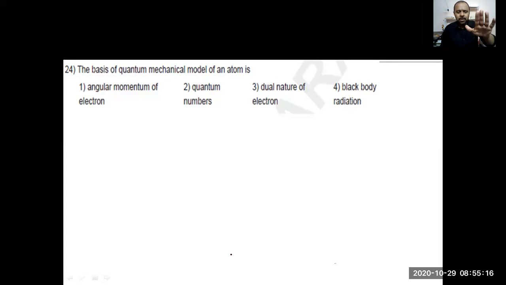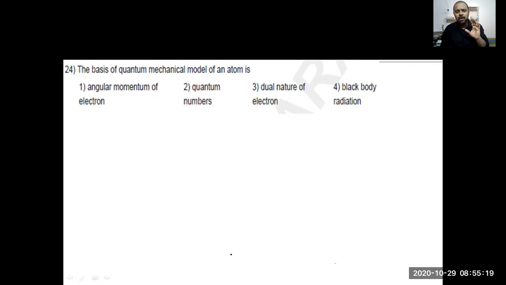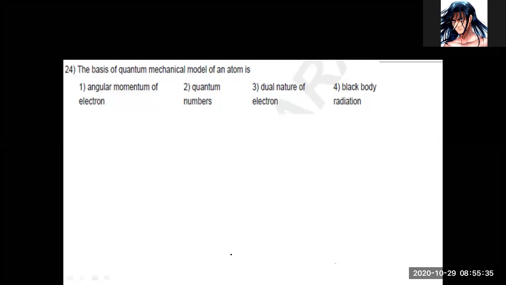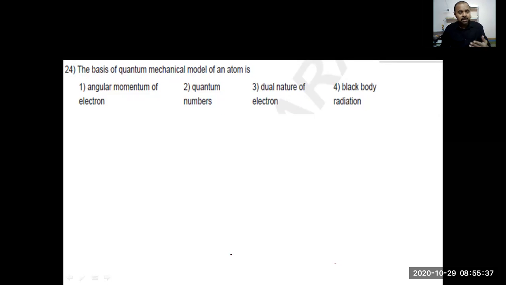But anyhow, the quantum mechanical model of an atom is a result of de Broglie's matter wave and Heisenberg uncertainty principle. So is it option 3? Yes, sir. Dual nature of electron. Okay. Particle nature and wave nature. Exactly. So till Bohr's theory, the concept prevailing was that the electron is a particle.